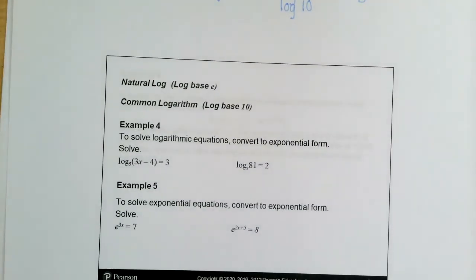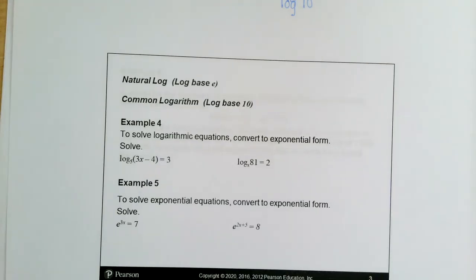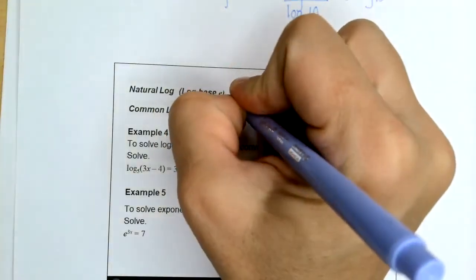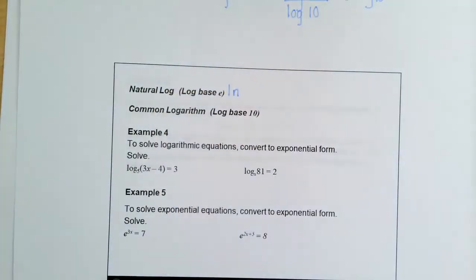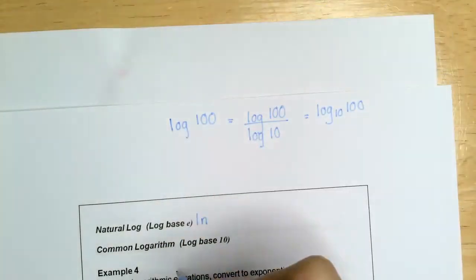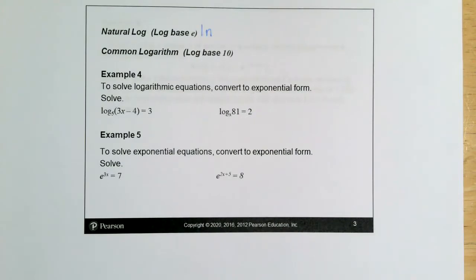The other type of log that is used very often is called the natural log, and it's ln on your calculator. Yeah, and it means log base e. So common log is log base 10. Natural log is log base e. Remember we learned about that in our last lesson.